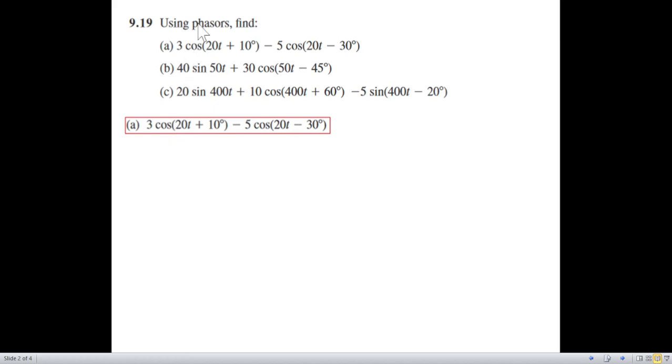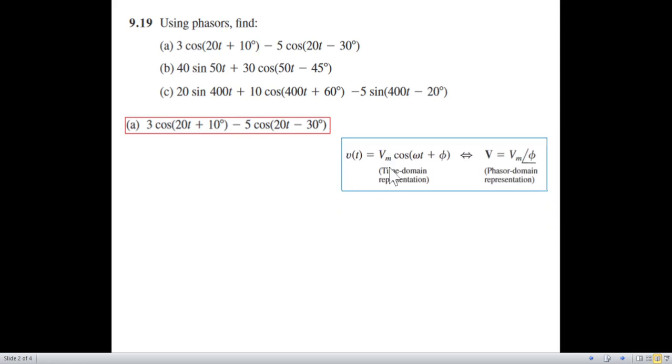Now we know to convert into phasor, we need to have it in cosine form. So it is already in cosine form. And this is how we go about.